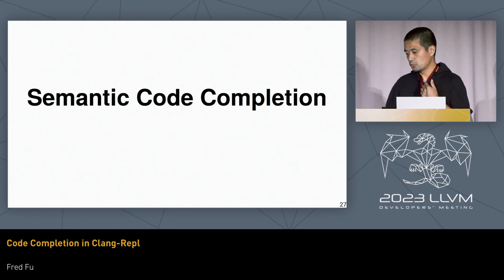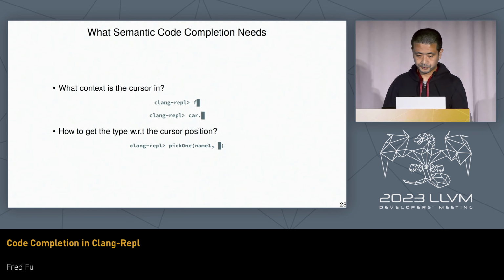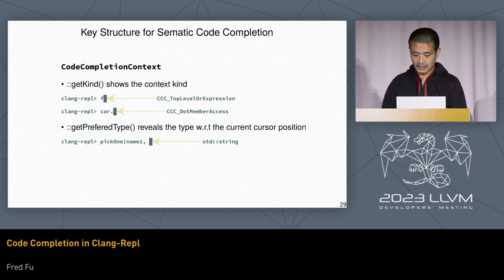Now let's move on to semantic code completion. In order to allow it to happen, we would like to know the following information: what context is the cursor in when we hit tab, and how can we get the type with respect to the cursor position. The solution really boils down to several structures used in semantic modules. The most important one is called code completion context.